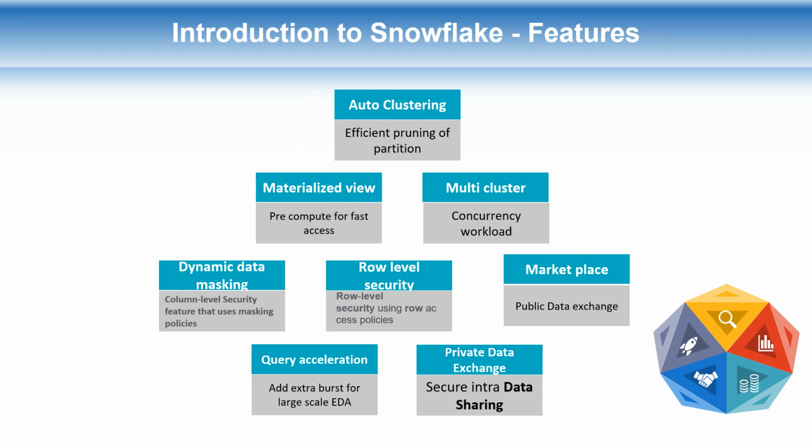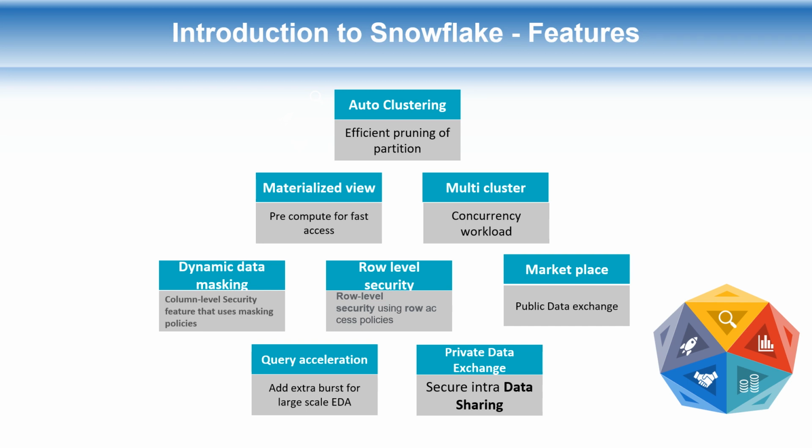Coming to the governance and security part, Snowflake provides row level security and column level security. Column level security can be achieved by using dynamic data masking policies. These are generic policies. You can create a policy on a column, which can be based on data types, and you can reuse those policies. You create the policy on the particular column, apply it on that table, and you can control who can see the data.